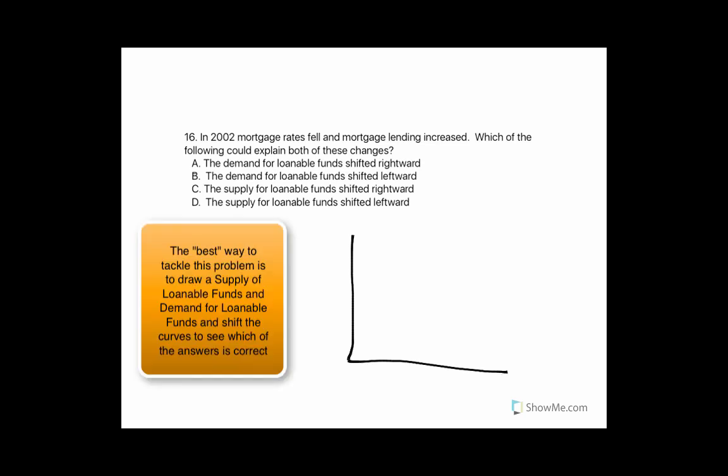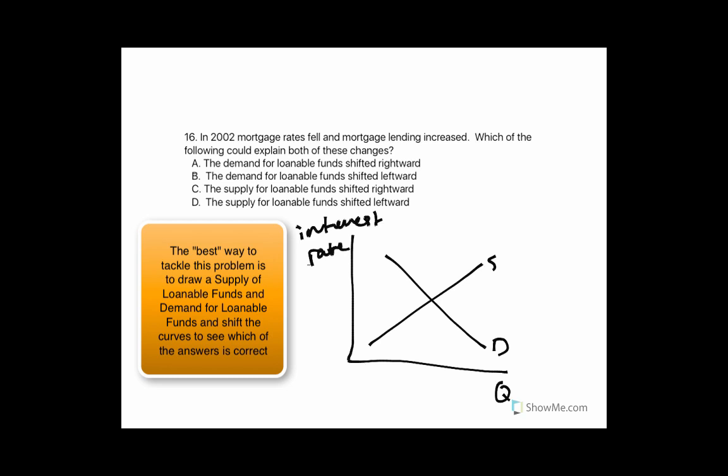quantity supplied. So in 2002, this question says, in 2002, mortgage rates fell and mortgage lending increased. So which of the following could explain both of these changes? Okay, so if we look at this now familiar curve with the supply of loanable funds and the demand of loanable funds, so that's your quantity of loanable funds, and this is your interest rate. Right, so the facts we have are that rates fell, so interest rates on mortgages fell, but the lending increased, so the quantity went up.